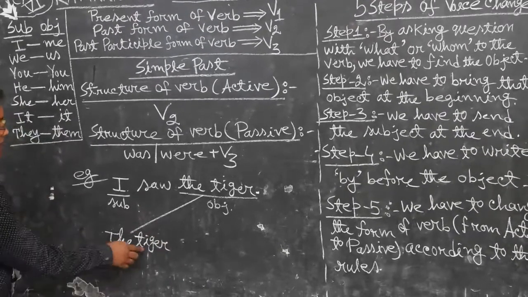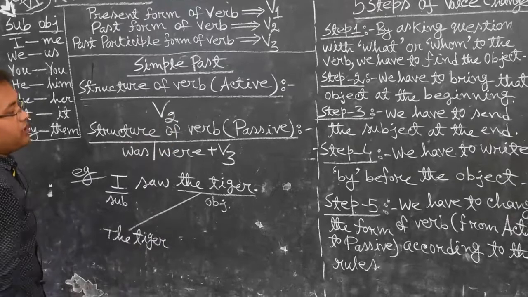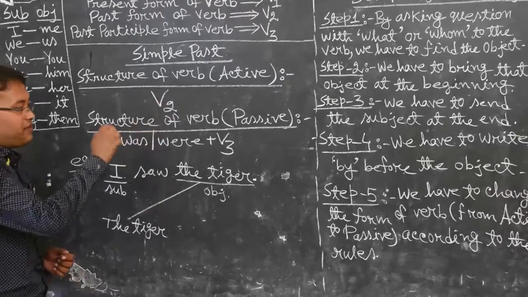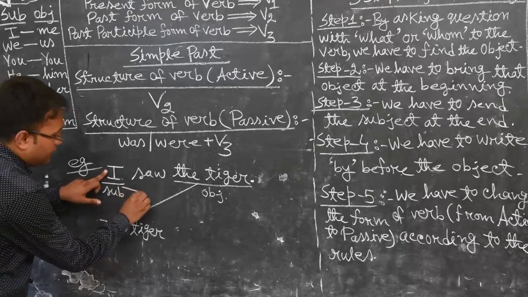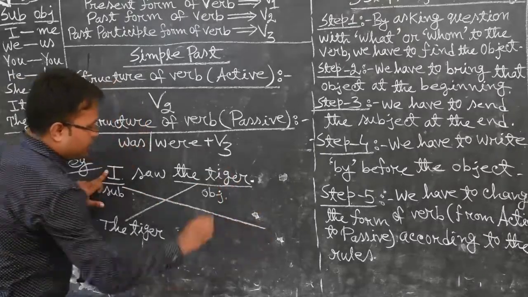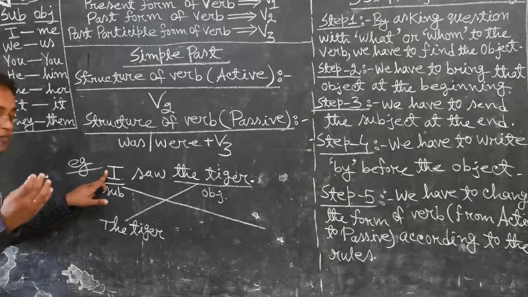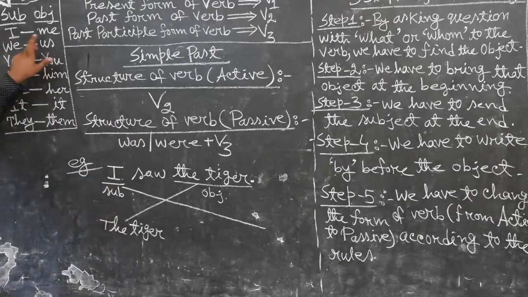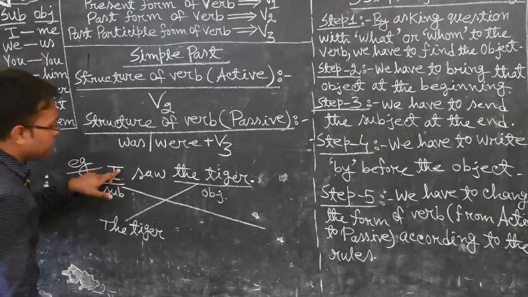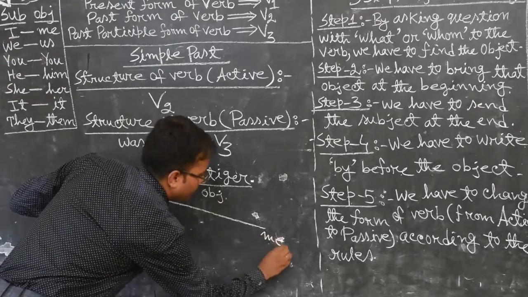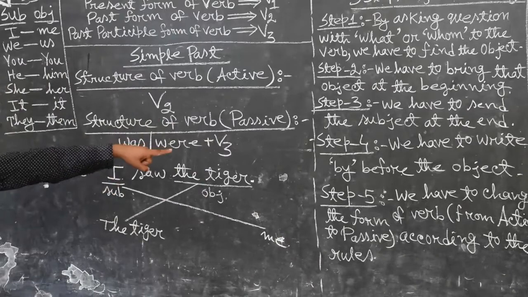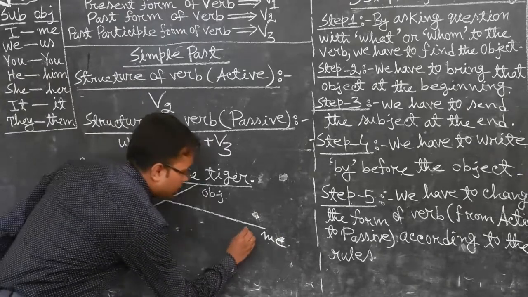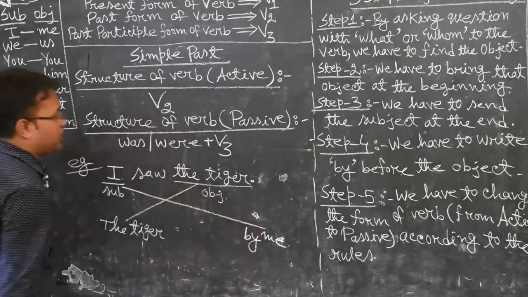I will write the tiger at the beginning. Step 3. We have to send the subject at the end. The subject is I. When I will send it in the place of object, it will become me. Step 4. We have to write by before the object.